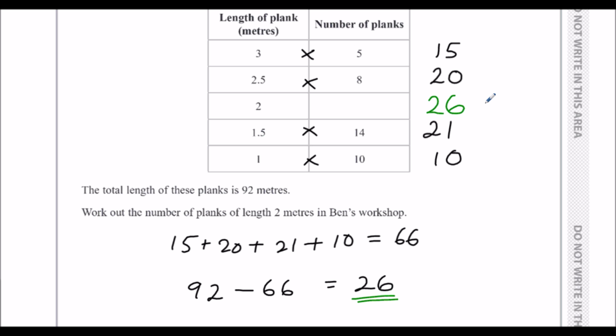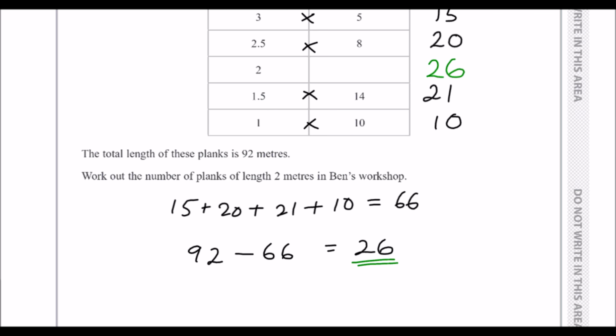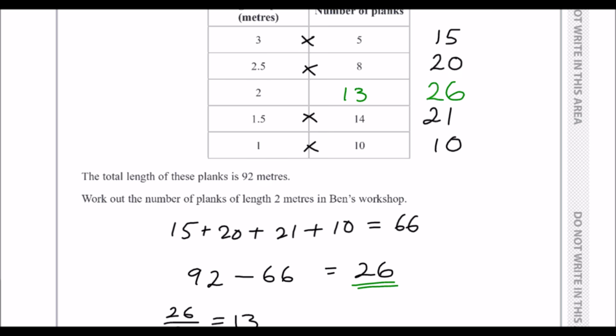So 2 times what makes 26? Or half of 26. 26 divided by 2 is 13. So there must be 13 2 meter planks in order for the total to be 92 meters. So the answer is 13.